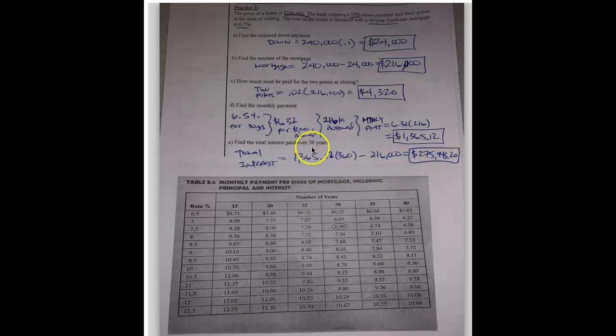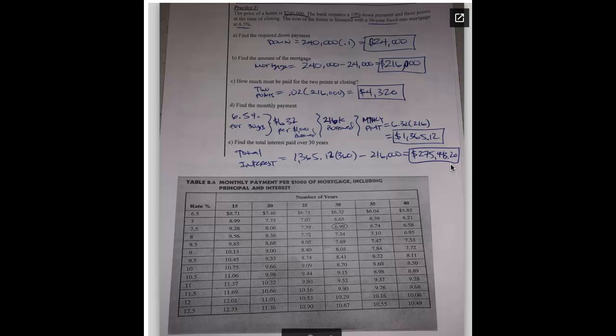The total they put out to pay the loan is this, and if you subtract how much they originally borrowed, the $275,443.20 is the interest. But yeah, it's just that one type of problem has quite a few little steps.